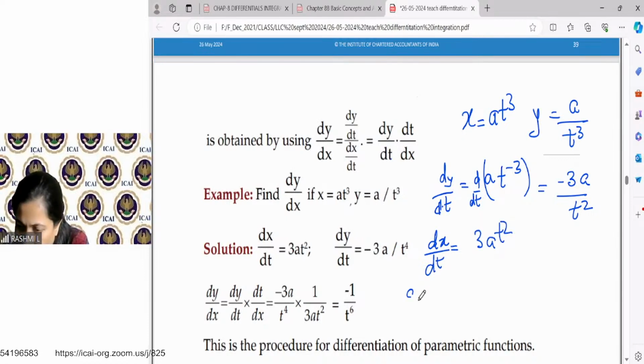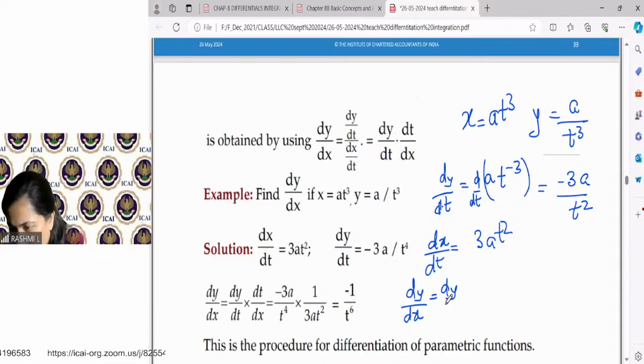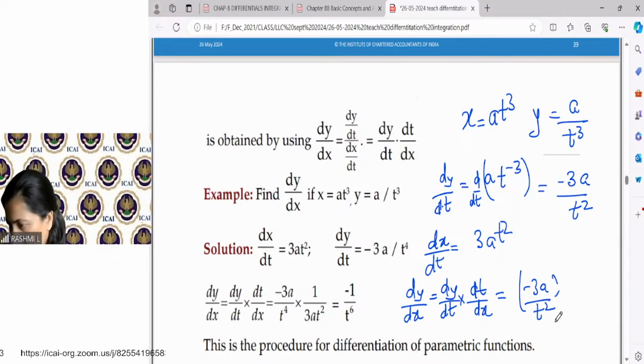So now when I want to find dy by dx, this is equal to dy by dt into dt by dx. Okay, so dy by dt is minus 3a upon t square, into dt by dx.